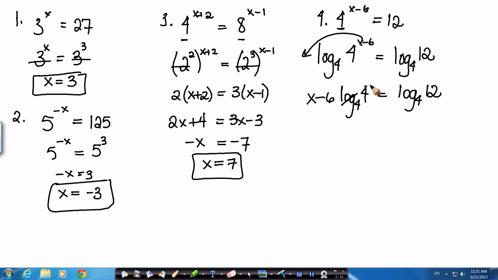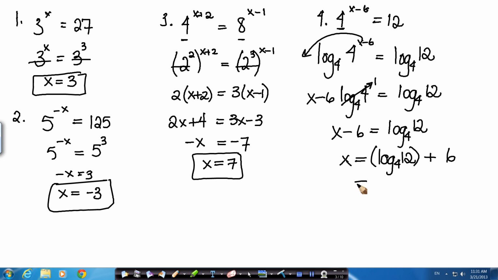Now we know the log base 4 of 4 is 1 because there is exactly one multiple of 4 in 4. Now I have x minus 6 equals the log base 4 of 12. X is going to equal, while it may not be pretty and may not be something you're used to, simply the log base 4 of 12 plus 6.